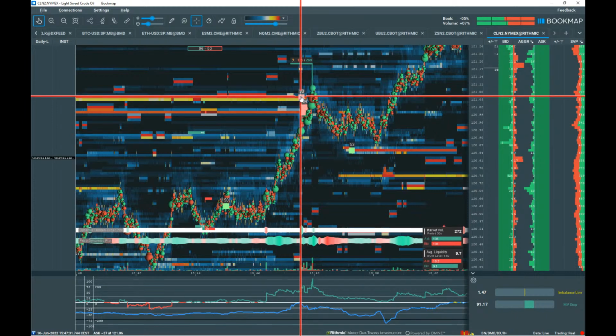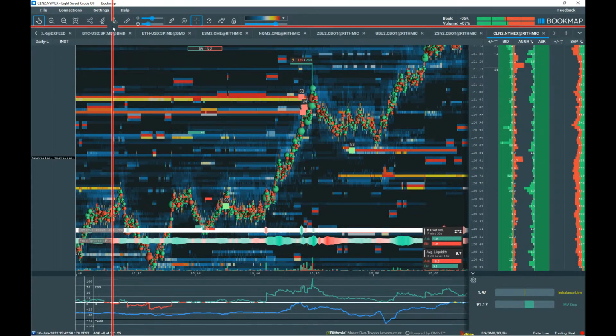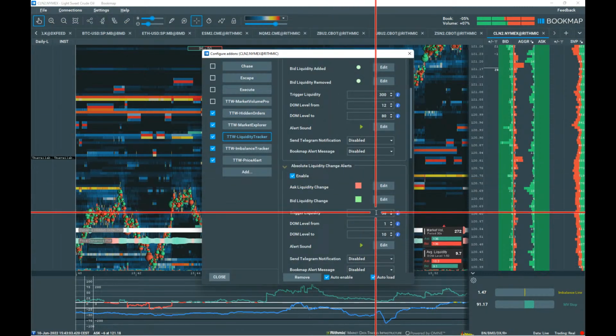I'm in oil at the moment, and that means they are stacking or putting liquidity on a certain level, which is in this case because you have defined 50 contracts per price level.